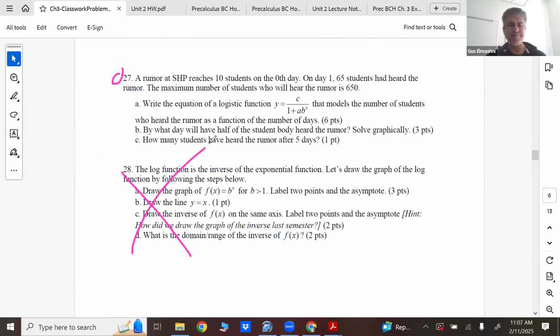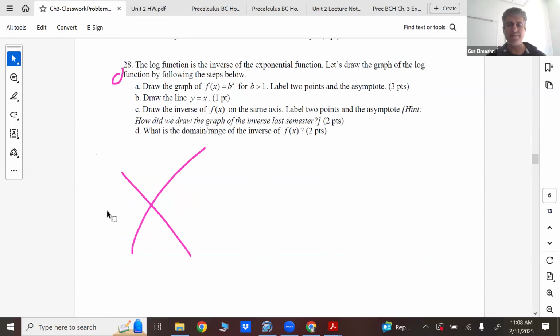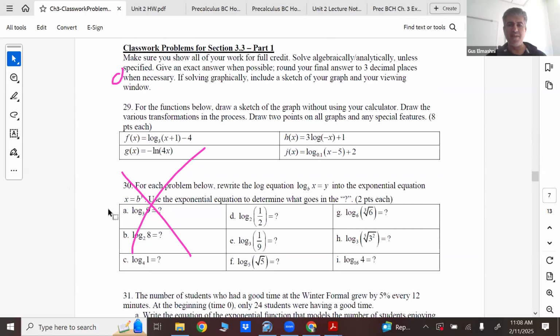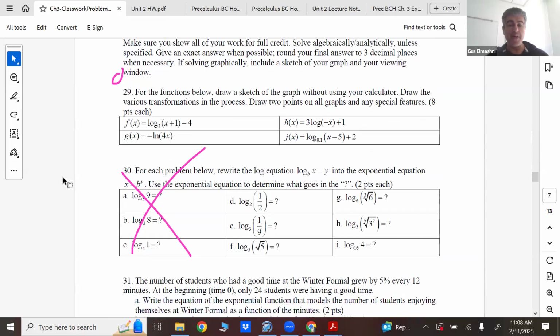No, don't do 28. Yes for 29, yes for 30, 100%. 29 and 30 are going to basically be like part 1 of the test. There's a graphing log and the value logs.